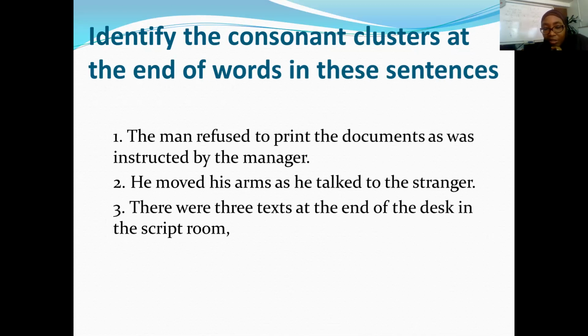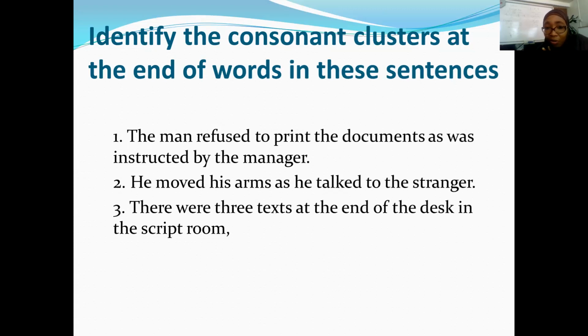Okay, let's take it one after the other. Let's look at the first sentence together. The instruction once again says, identify the consonant clusters at the end of words in these sentences. The first sentence, you have the man refused. Did you notice anything in what I've just said? The man refused.